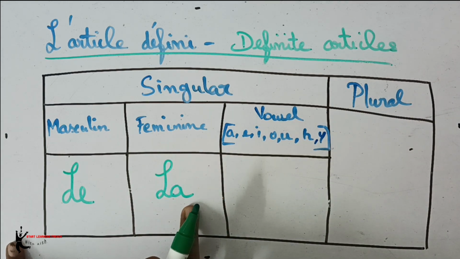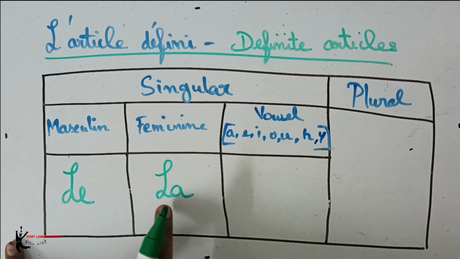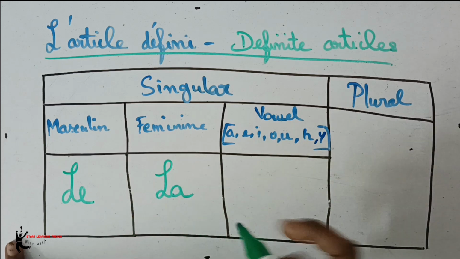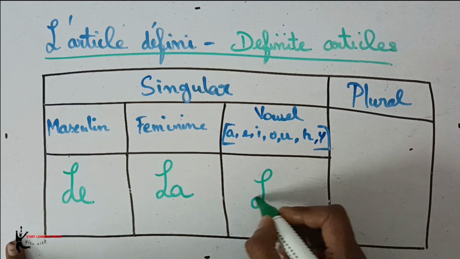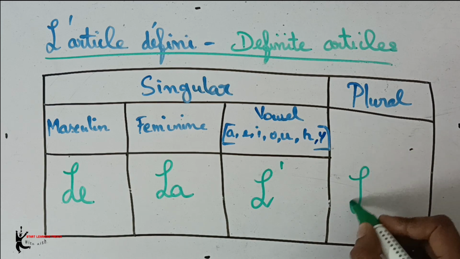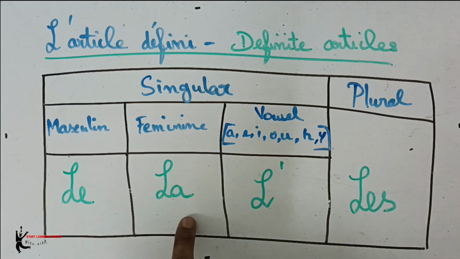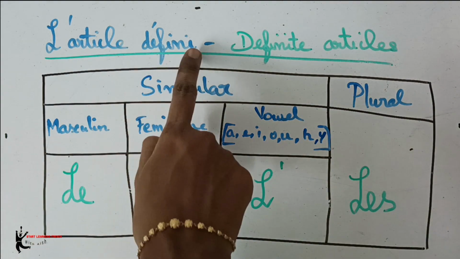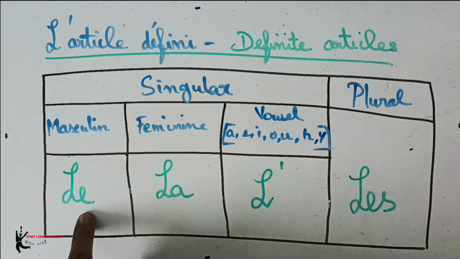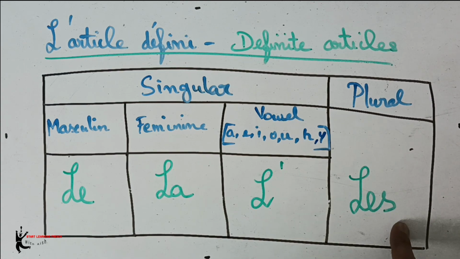For vowel it is L apostrophe, and for plural we have les, L-E-S. These are the four categories for article défini: le, la, L apostrophe, and les.